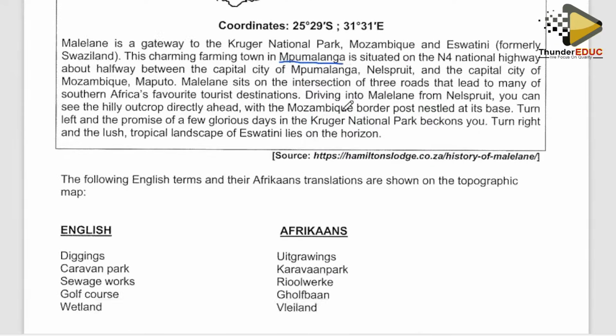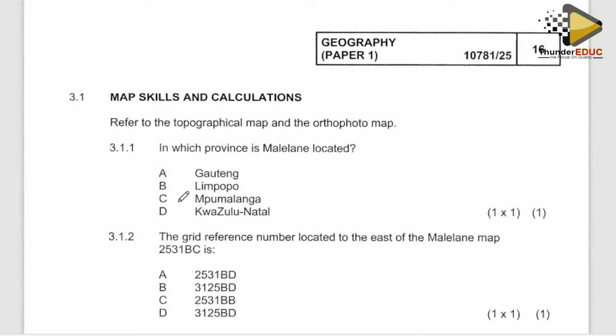That is where we find Malelane. It is in Mpumalanga province. So our response, Mpumalanga. The grid reference number located to the east of Malelane, map 2531 BC.